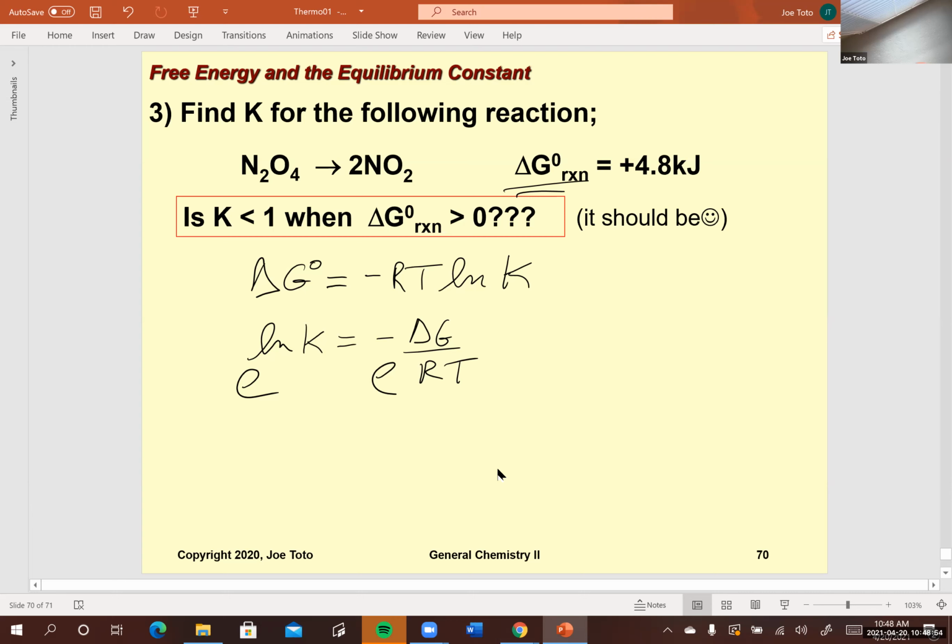These guys are anti-functions, they wipe out, so I get K equals e to the minus delta G over RT.